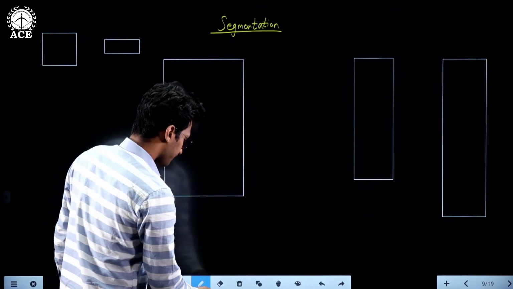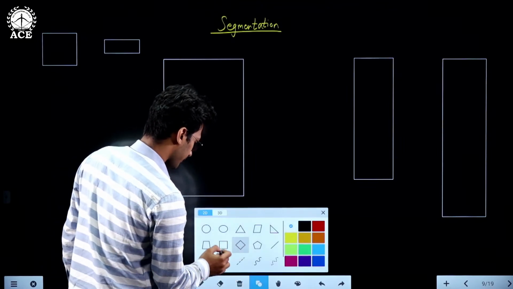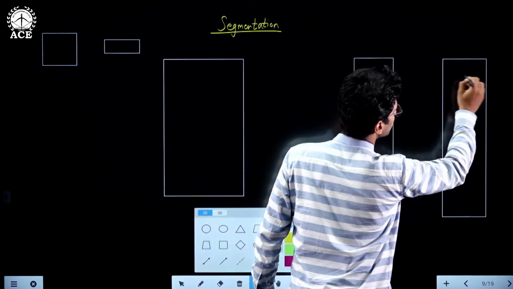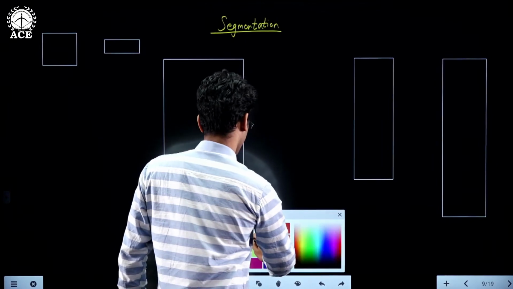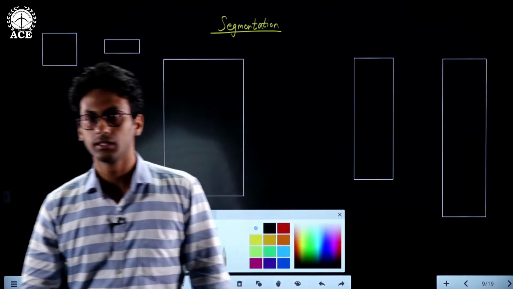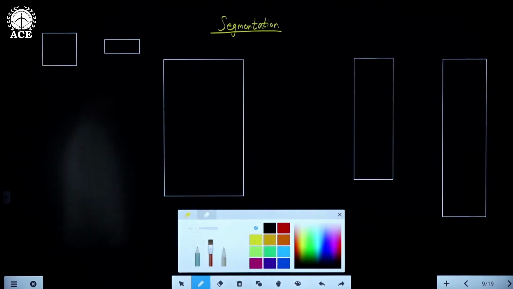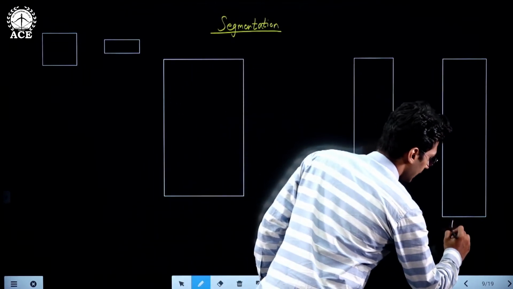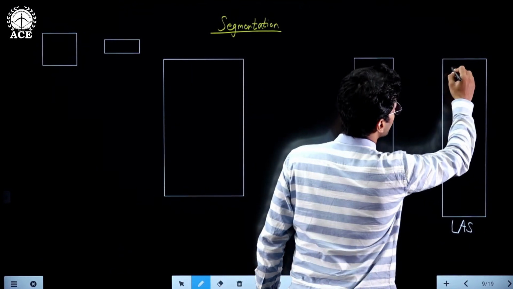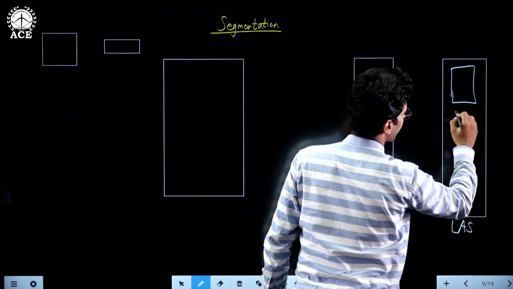Now, see, this particular logical address space is divided into segments.